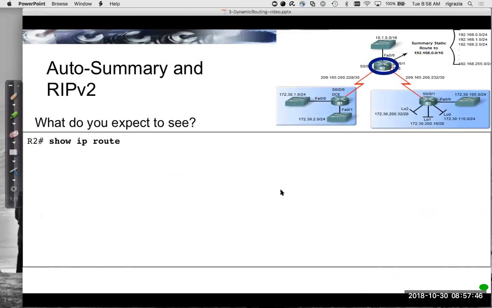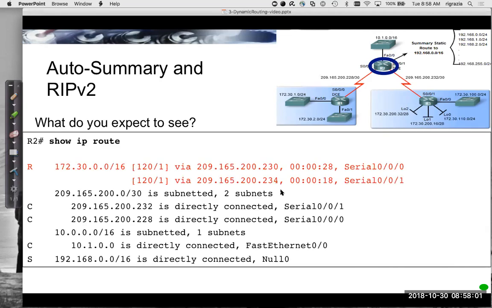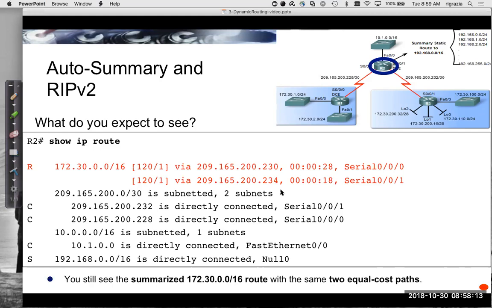Okay, so let's take a look at R2. What do you expect it to see? Well, it just received two summary routes, and they were the same summary routes for both. So from R2's perspective, it now has two equal cost paths to the same network, 172.30.0.0/16.